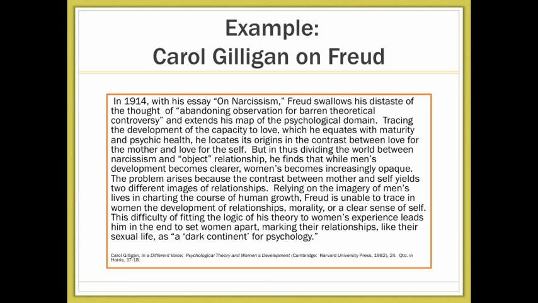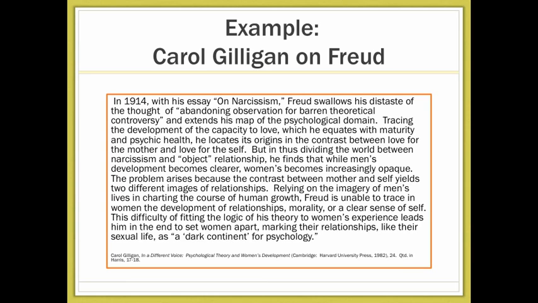In 1914, with his essay on narcissism, Freud swallows his distaste of the thought of abandoning observation for barren theoretical controversy and extends his map of the psychological domain. Tracing the development of the capacity to love, which he equates with maturity and psychic health, he locates its origins in the contrast between love of the mother and love for the self. But in thus dividing the world between narcissism and object relationship, he finds that while men's development becomes clearer, women's becomes increasingly opaque.